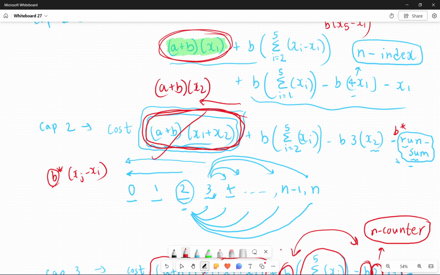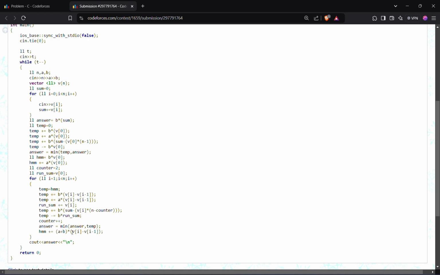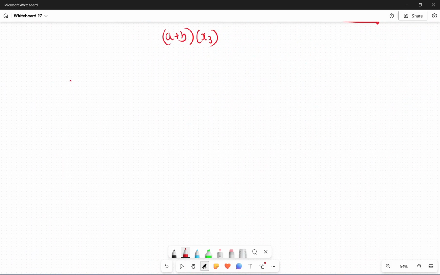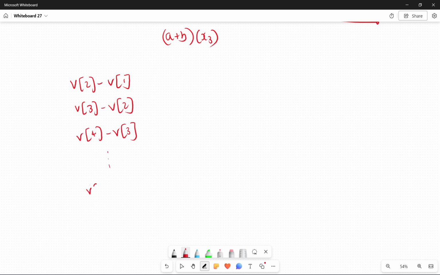Okay, so basically this thing you see here, v of i minus v of i minus 1, is doing the trick. What trick? It is doing telescopic cancellation. What you can say here is that v of 2 minus v of 1, v of 3 minus v of 2, v of 4 minus v of 3, so on up to v of n minus v of n minus 1.